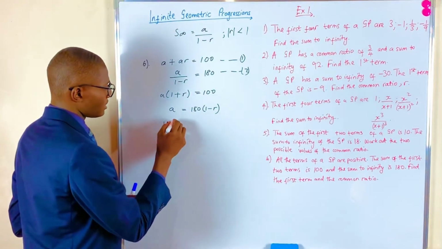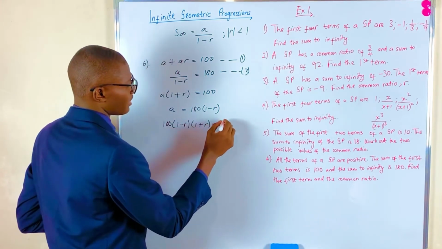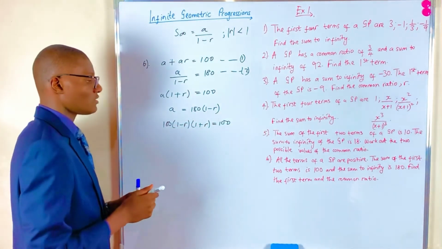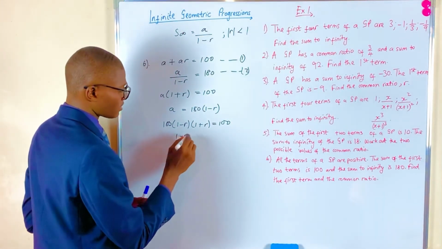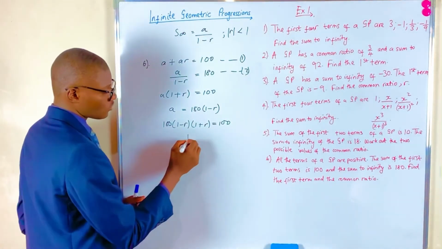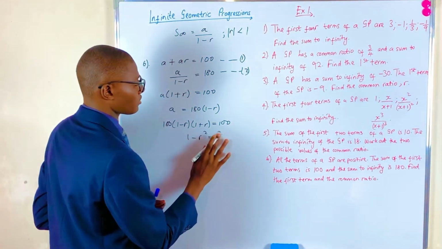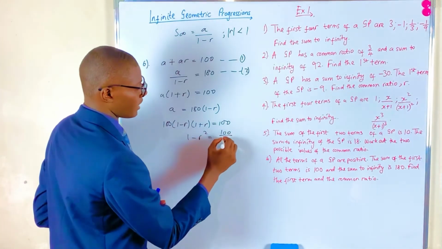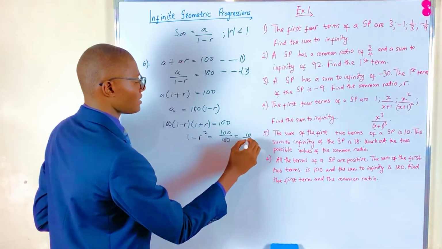So 180 times 1 minus r times 1 plus r should give us 100. And if we divide both sides by 180, we'll simply say 1 minus r squared, this difference of two squares, is equal to 100 over 180, which is 10 over 18.